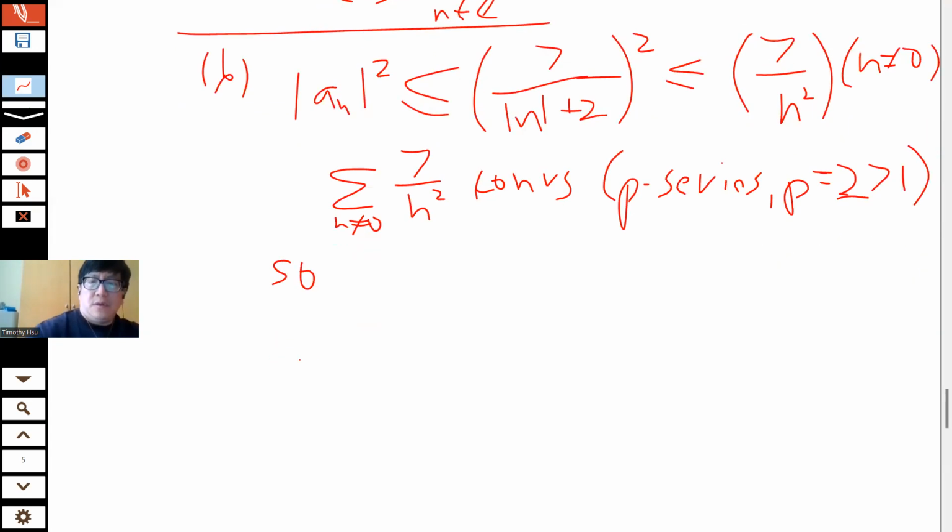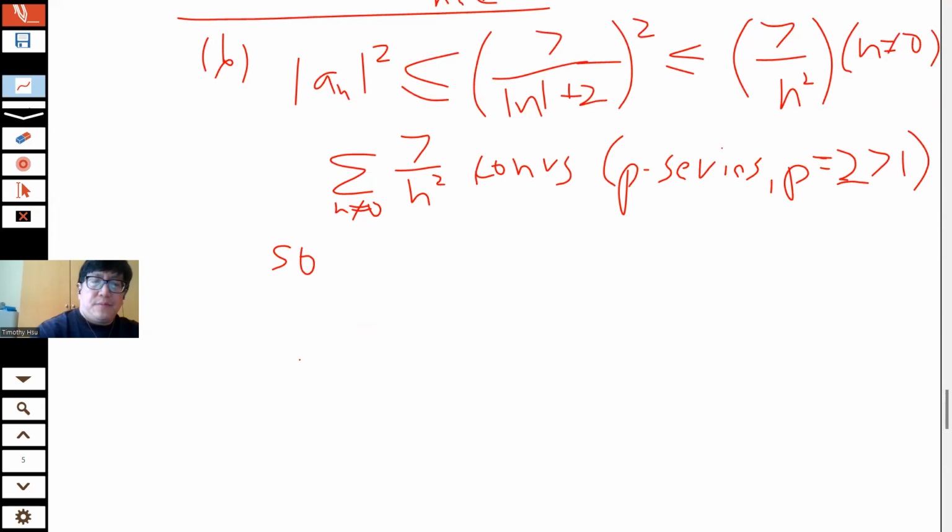So since we only change finitely many terms, those finitely many terms don't matter, and so the sum over all integers n of the absolute value of a sub n squared converges by comparison.